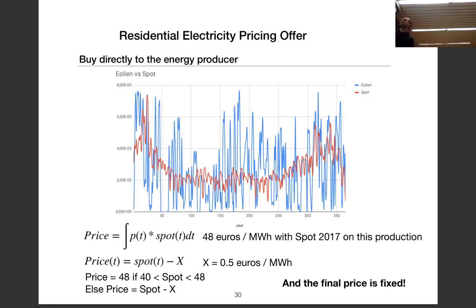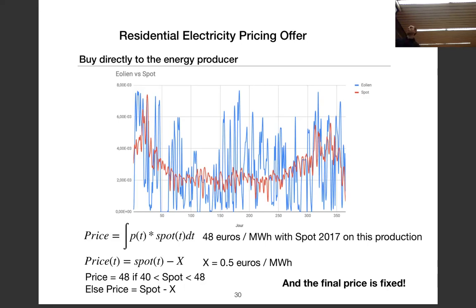And it resulted in a fixed price of 48 euro per megawatt hour. For the producer, it depends on the day-ahead market, but imagine that in reality the day-ahead market will fluctuate and maybe the price will increase. Maybe for him at the end it will be less advantageous for this kind of offer, but on the other way it would be the opposite.